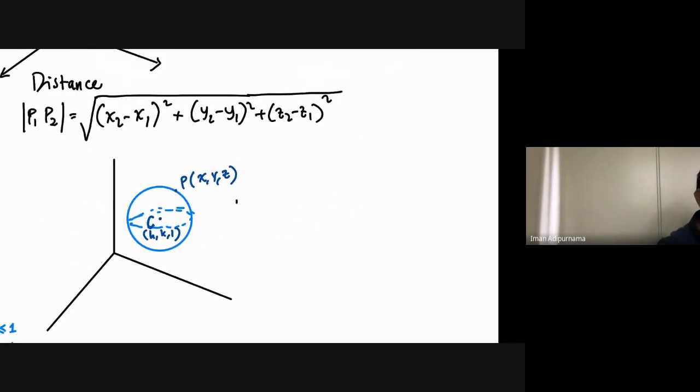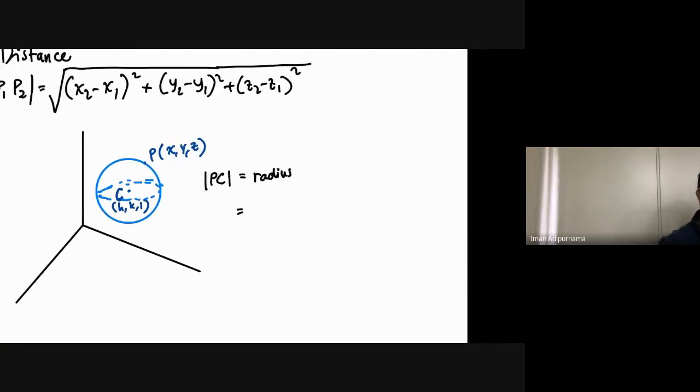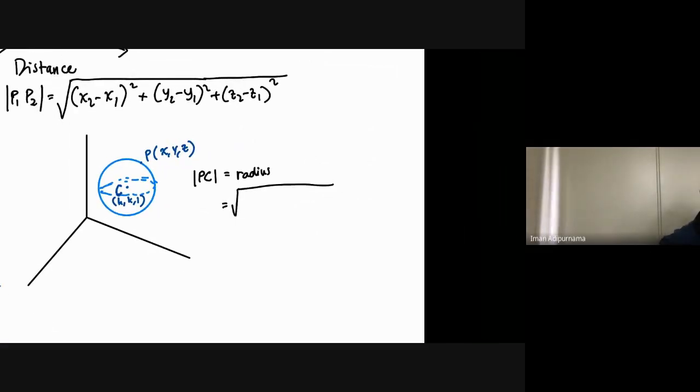Now we have this relation that PC is our radius, right? And we have relations from the distance formula. So this is our radius.